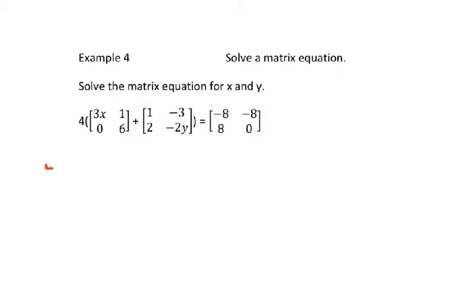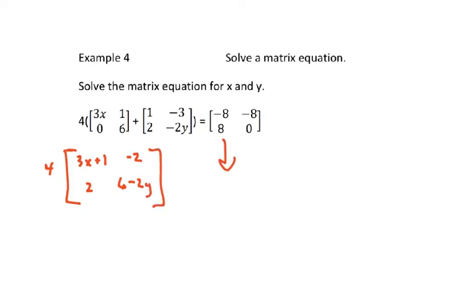So on the right side, we're going to have 4 times... All right, 3x plus 1 is 3x plus 1. 1 plus -3 is -2. 4 times, getting ahead of myself. 0 plus 2 is 2. And then we have 6 minus 2y.